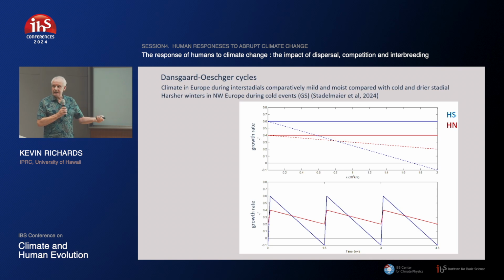Now, Neanderthals, as has already been mentioned, have gone through many of these cycles already and therefore are able to cope with the changing climate. So we're going to put a limited reduction in the growth rate for Neanderthals. Homo sapiens, however, are coming from a warmer climate and therefore may not be that well adapted to the harsher winters during a cold event.